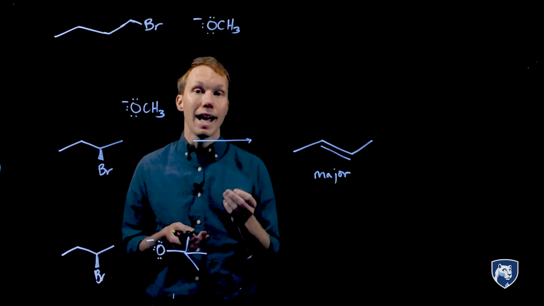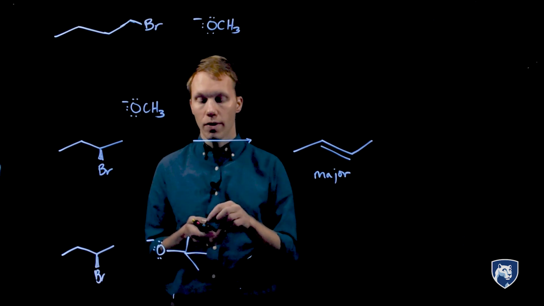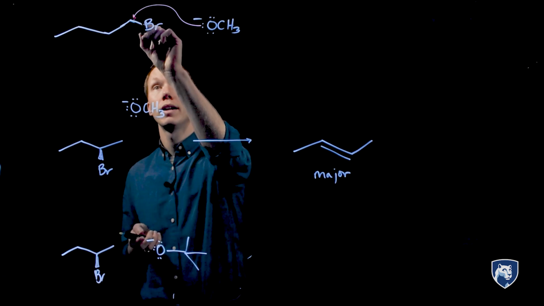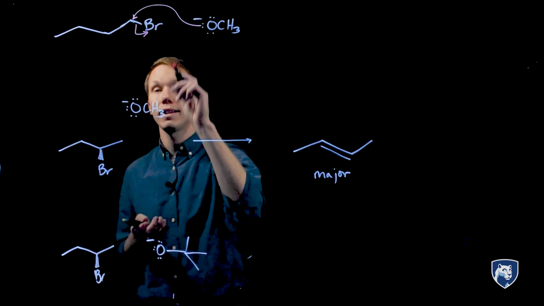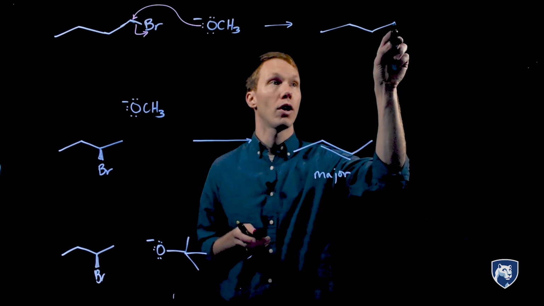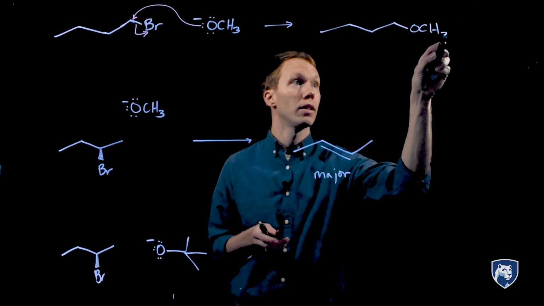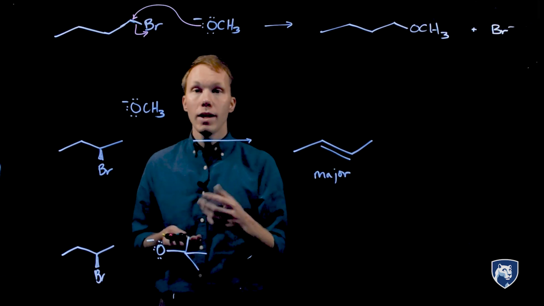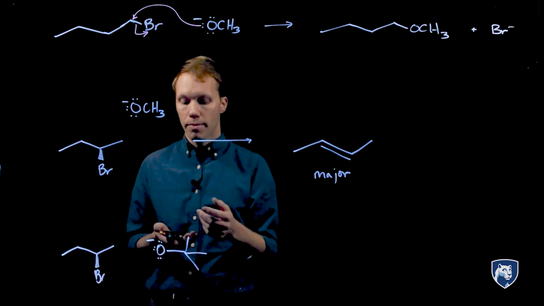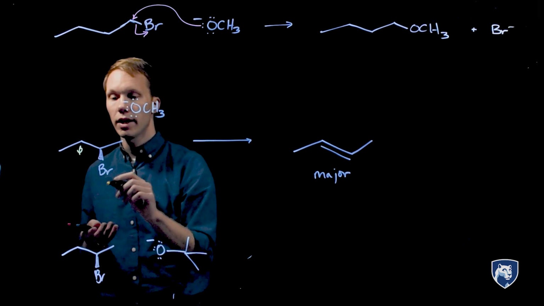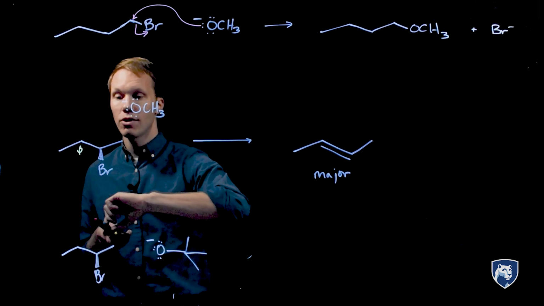Previously, we studied the SN2 reaction. That is also a bimolecular reaction where the nucleophile attacked the electrophile and displaced that leaving group in one step to give our substitution product, here an ether. We can imagine a very similar one-step reaction happening here, except involving deprotonation of the beta hydrogen.